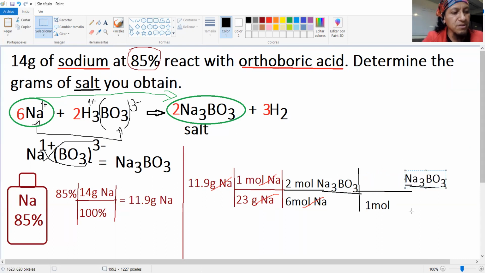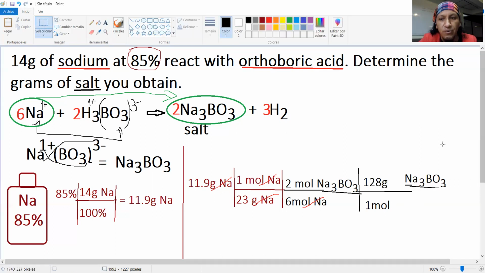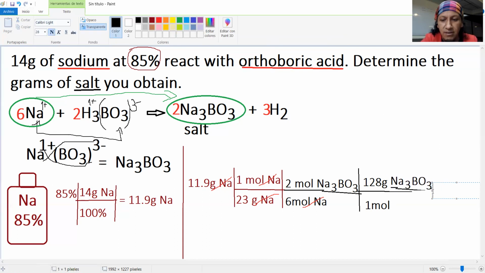If you add those values from the periodic table, 3 times 23 grams of sodium plus the 11 of boron, plus 3 times 16 from oxygen is going to give you something like 128 grams of the salt, right? If you put this there, 128 grams for every mole, you just insert those values into the calculator, and then at the end, you're going to have your answer.